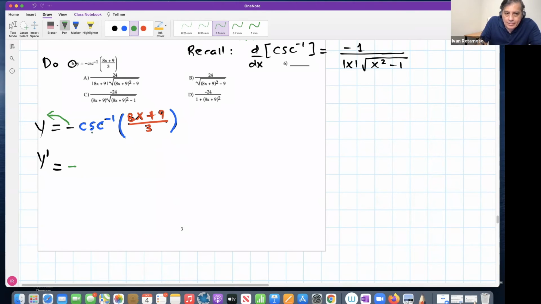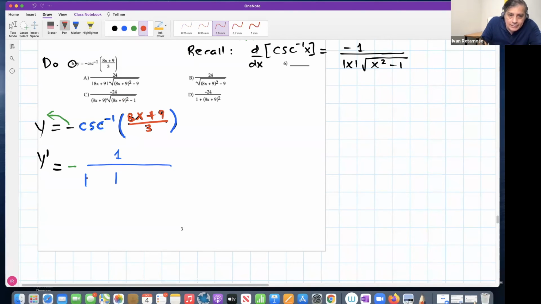Now, derivative of cosecant inverse of x is this. So we're going to start by writing 1 over the absolute value of the inside function. Remember, this is not cosecant inverse of x, it's cosecant inverse of (8x plus 9) over 3.